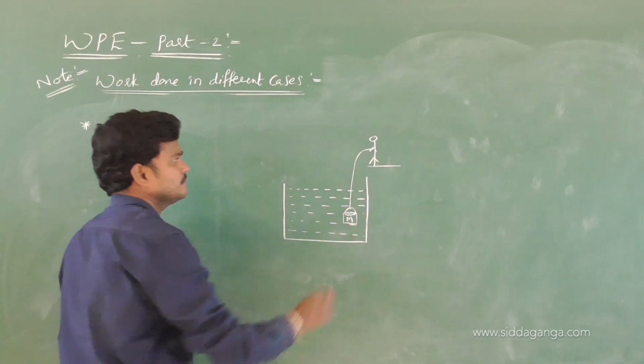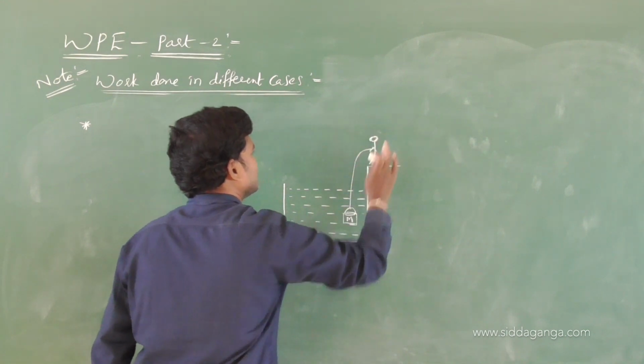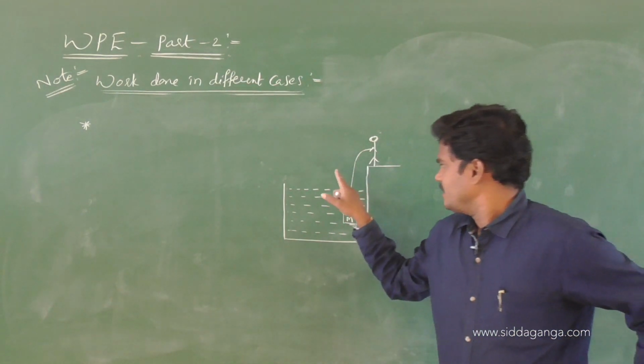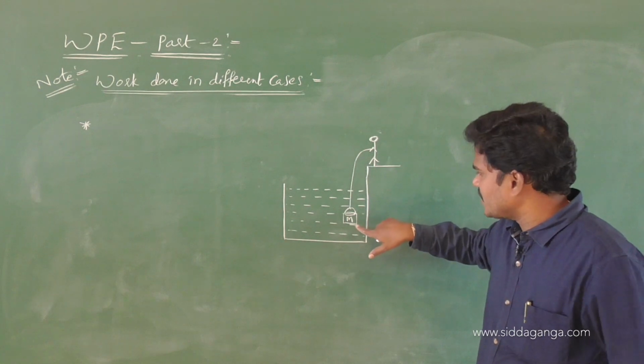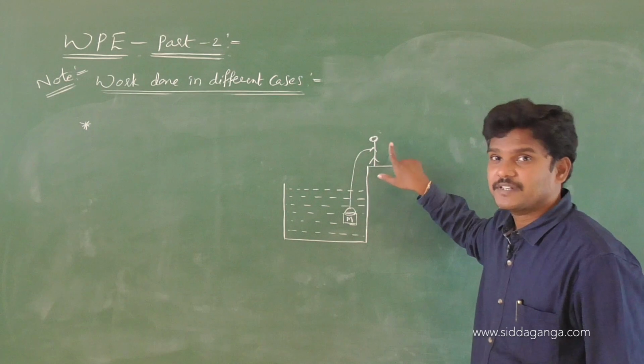Yeah, see here. This is the person. Here is a bucket. This is a bucket. This bucket full of water is to be lifted by the rope by the person.